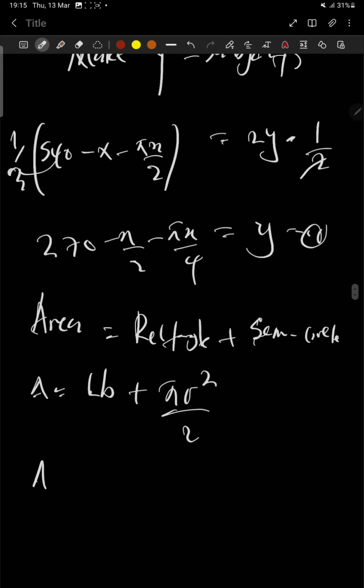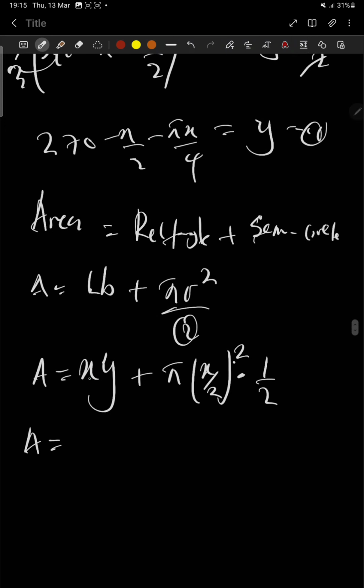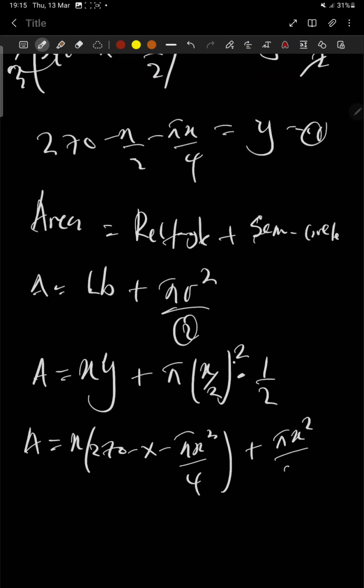Okay. So this will be xy plus pi. While there is r, I'll replace x over 2 squared. Okay. While there is r, then these 2, I'll write it here, times 1 over 2. So my area will be, where there is y, I'll replace that equation, which is 270 minus x minus pi x squared over 4, okay, plus pi x squared over 4 times 1 over 2.